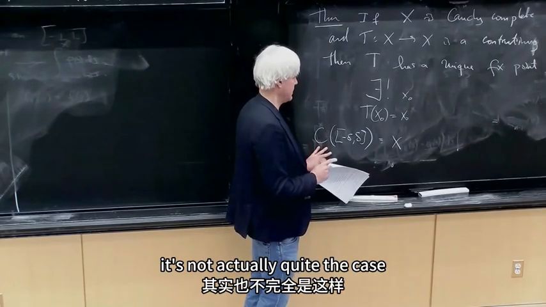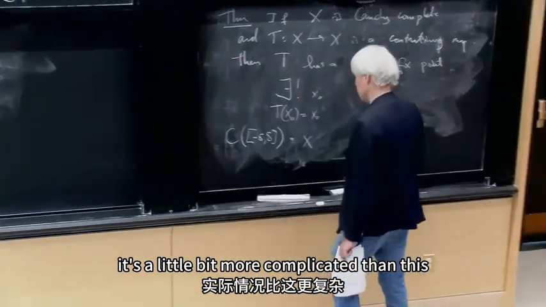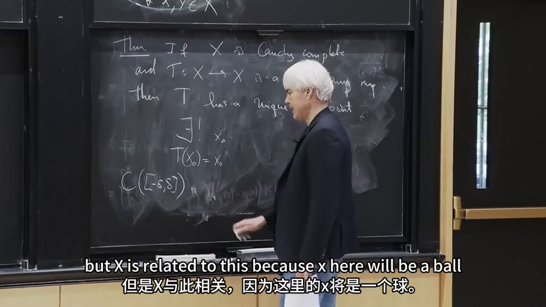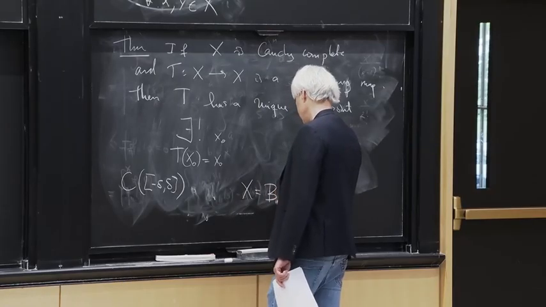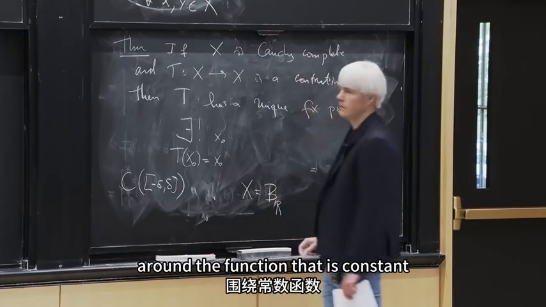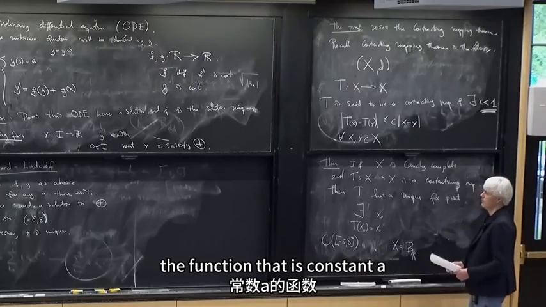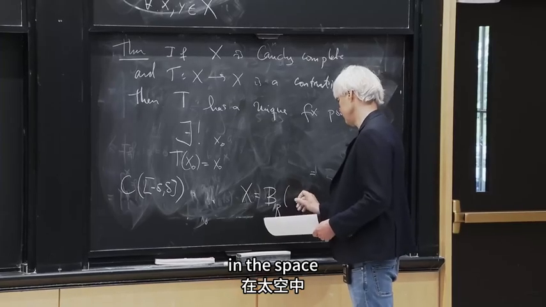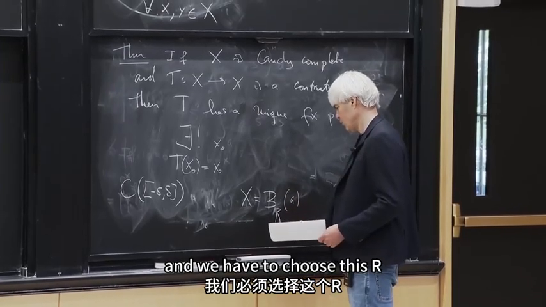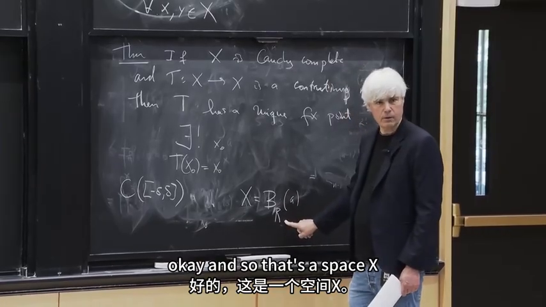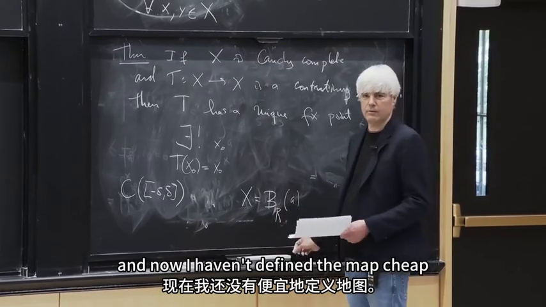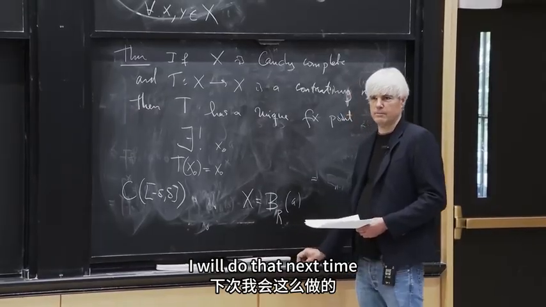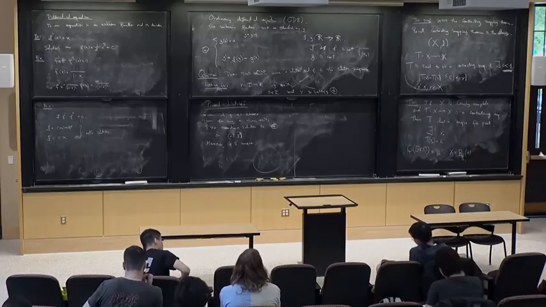That's close, but it's not quite the case. It's a little bit more complicated than this. But X is related to this, because X here will be a ball of radius R around the constant function a in this space. And we have to choose this R carefully. So that's the space X. I haven't defined the map T, but we'll do that next time, and I will remind you about this also. Any questions?